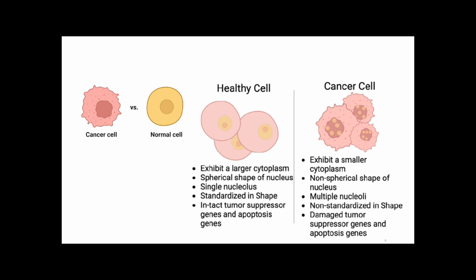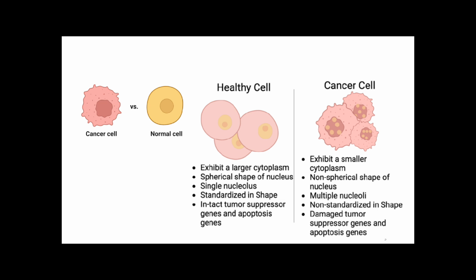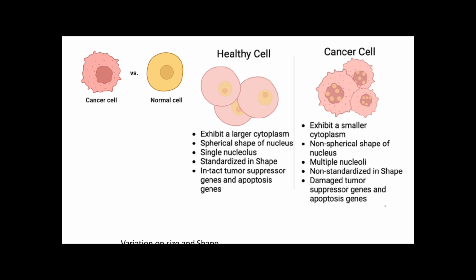That means it's an actively dividing cell, right? Non-standardized in shape. So here we cannot say the shape. When we compare two cells, the size and shape may all vary. And there are damaged tumor suppressor genes and apoptosis genes. Here it involves suppressor genes, apoptosis genes, and damaged tumors.